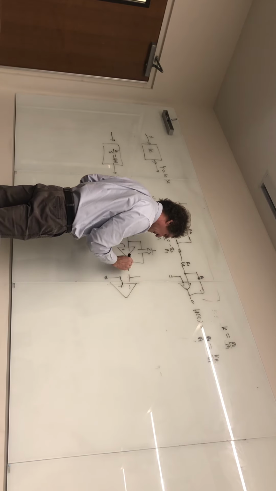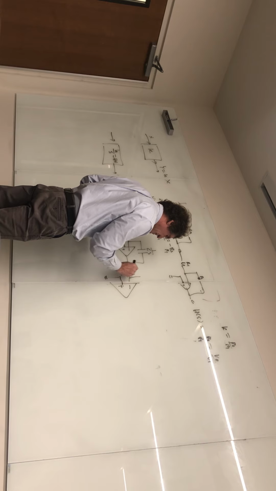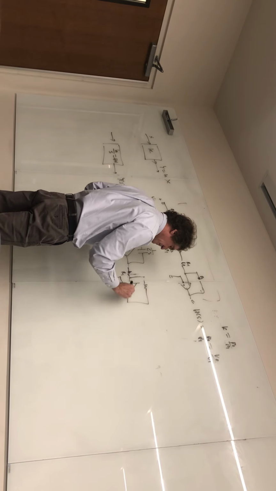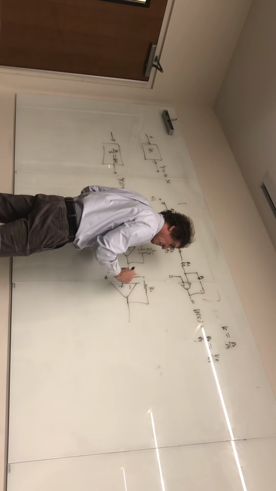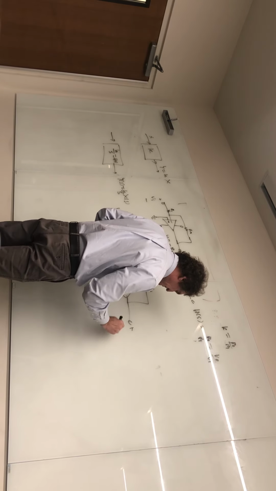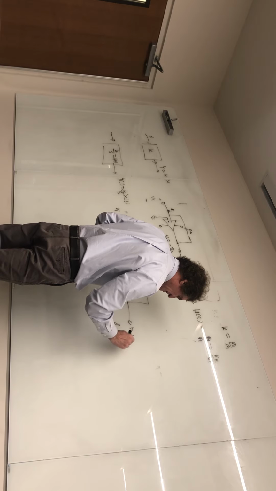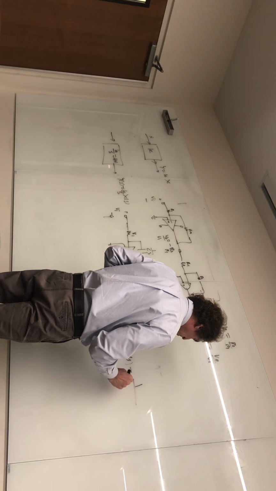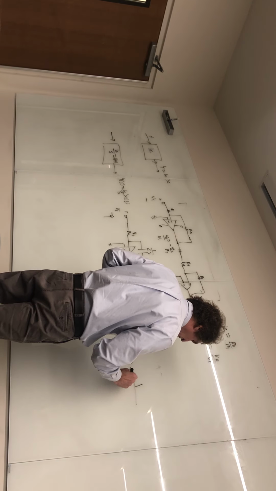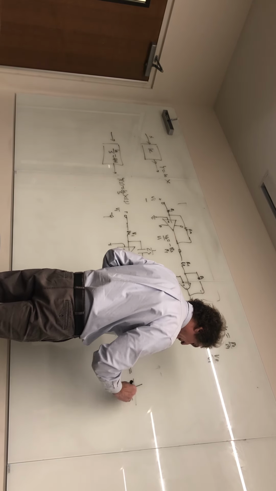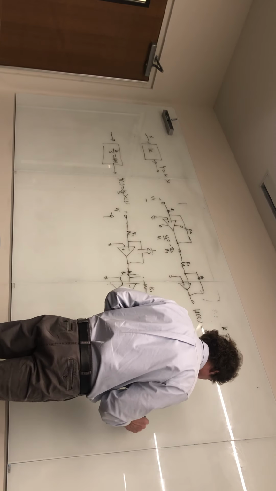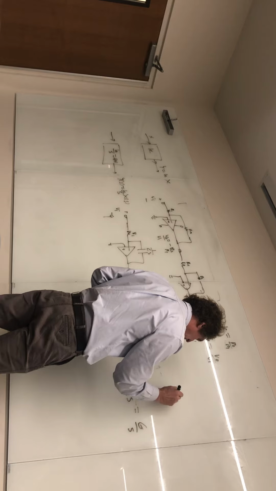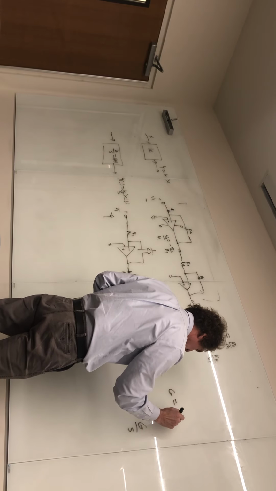And R1. And if I look at plus to minus, V out over V in, which is my H of S here, that's equal to simply 1 over R1 CS, or really, it's simply the gain divided by S, where the gain here would be 1 over R1C.